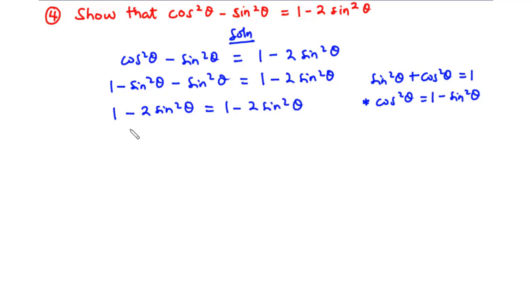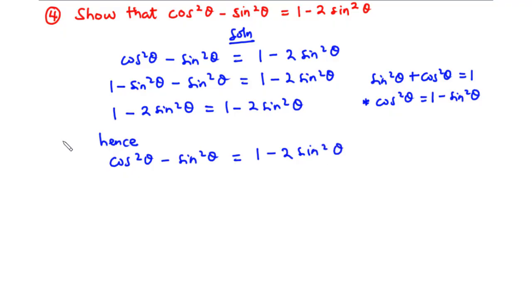So since the expression on the left hand side is equal to the expression on the right hand side, we say that hence cos squared theta minus sin squared theta is equal to 1 minus 2 sin squared theta.